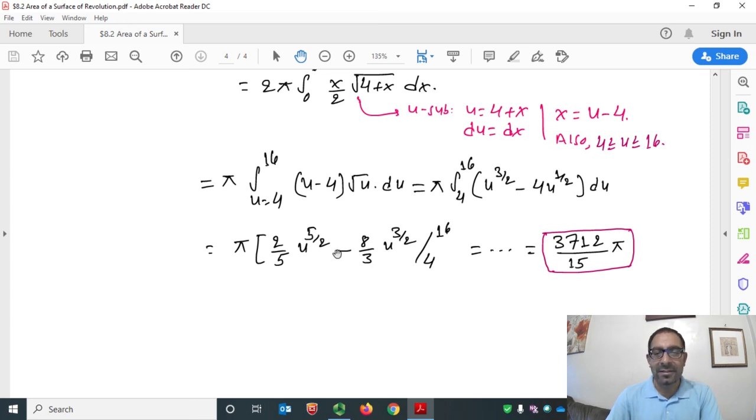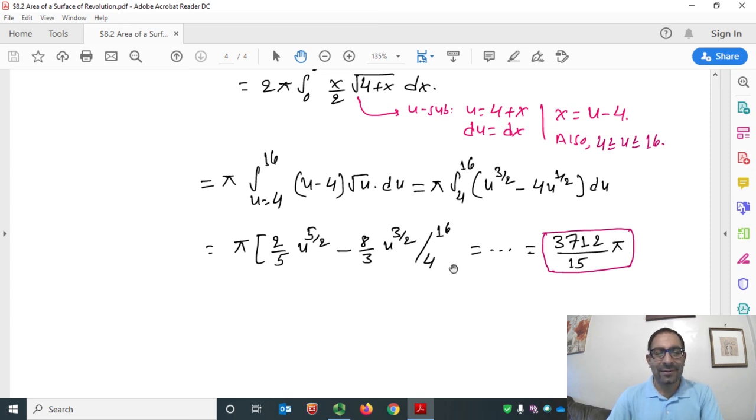Minus as it is, and I have a constant 4, but when you take the integration of u to the power 1/2, it becomes u to the power 1/2 plus 1. It's 3/2, and dividing by 3/2 is the same as multiplying by 2/3. So then that 2/3 and 4 become 8/3 times u to the power 3/2, and put the limit u equals 4 to 16. Great.